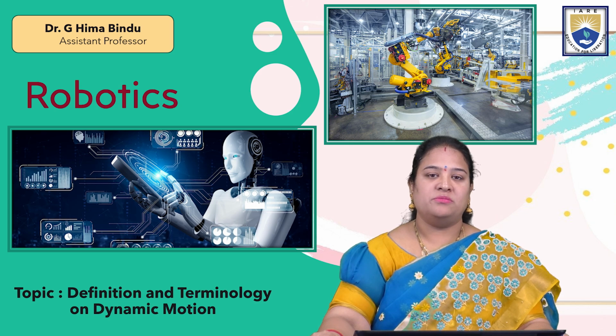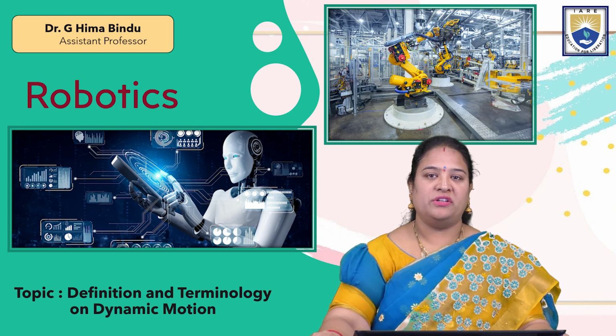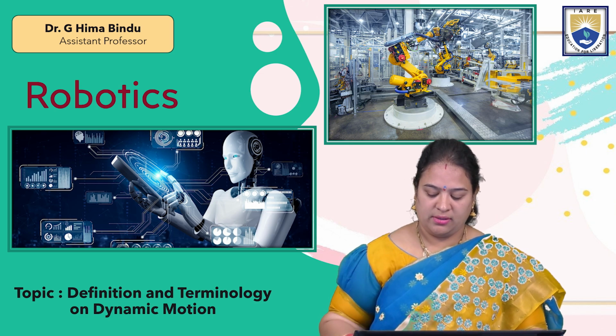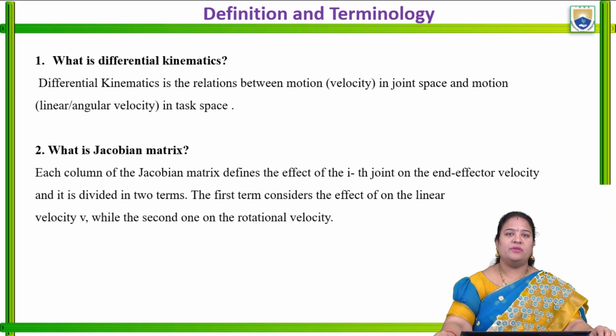I will be dealing with the subject robotics in the Institute of Aeronautical Engineering, and my topic today is definitions and terminology from Module 3, that is dynamic motion. Before we start, we need to know the various definitions and terminologies we need to concentrate on in Module 3.